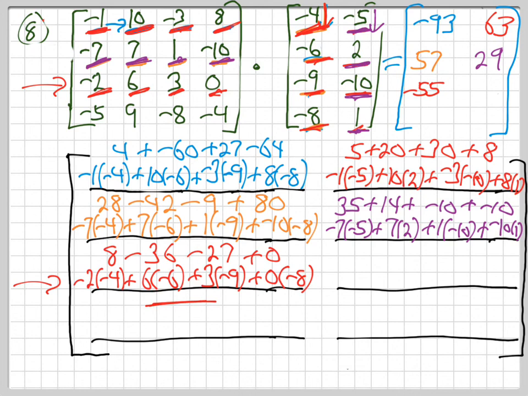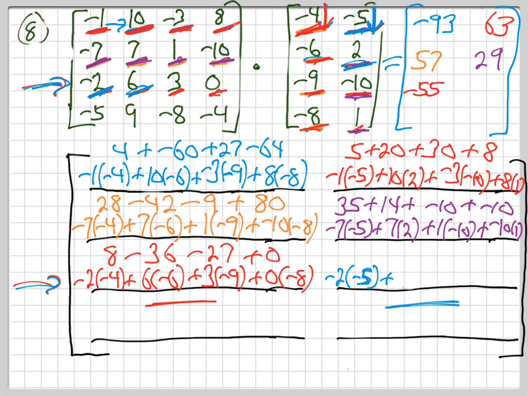Okay, now I'm going to go third row again, got to finish the third row, but now the right side. So I'm going down the right side over here on the third row. So negative 2 times negative 5. Jump to the right, jump down always. Plus 6 times 2.